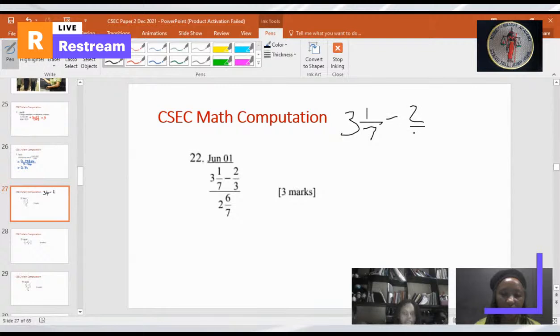I'm going to work that first, okay? So 3 minus, there's no whole number for the second number, so it would just be 3. All right, so we put 3 there. And then we'll find the lowest common multiple of 7 and 3, which is 21.